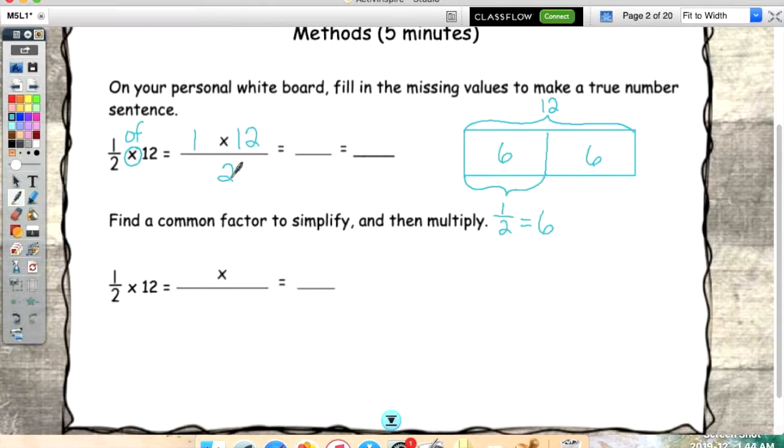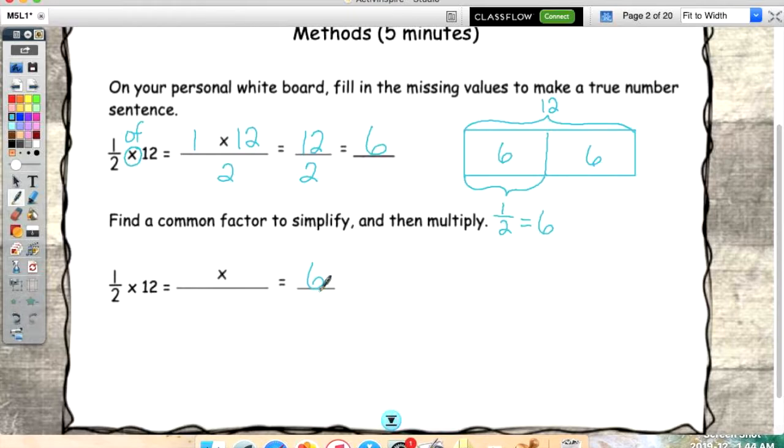If I take a number smaller than 1 whole times a number, it's really like we're dividing. Okay? All right, so 1/2 of 12. What's 1 times 12? And 2. Look at the board. 12 divided by 2 equals. So I know my answer is going to be 6 down here too.